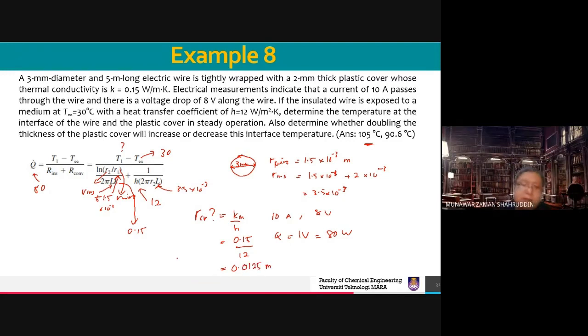So this is the critical radius. So it means the thickness is R critical minus R1, so this one is 12.5 millimeter minus 1.5 millimeter. How much?